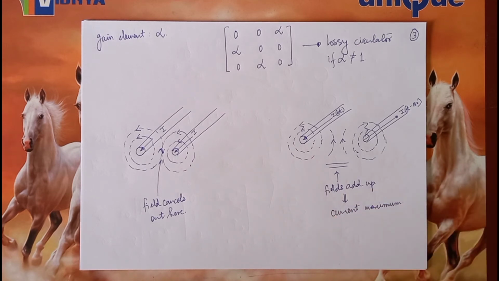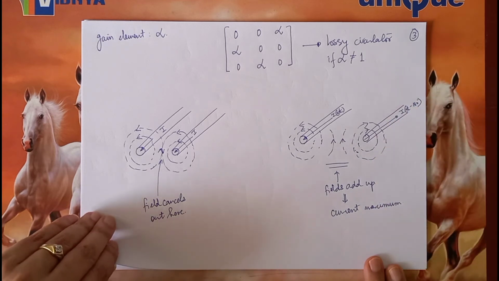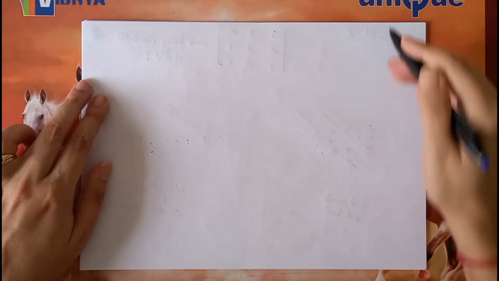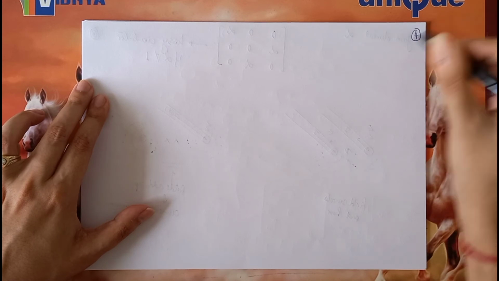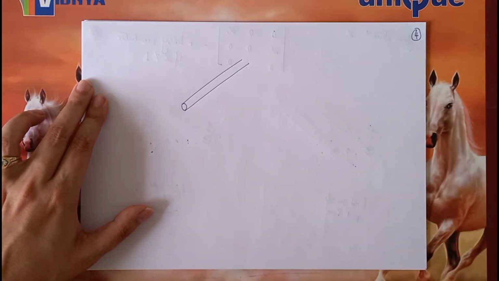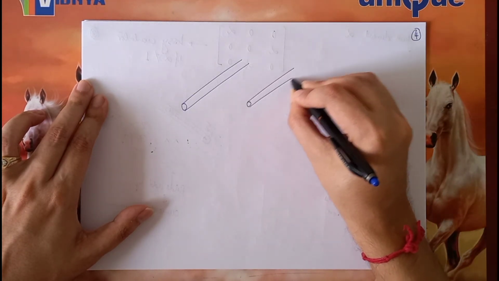Now, using this concept, let us change the scenario slightly. Let us say I have two conductors which are placed side by side.